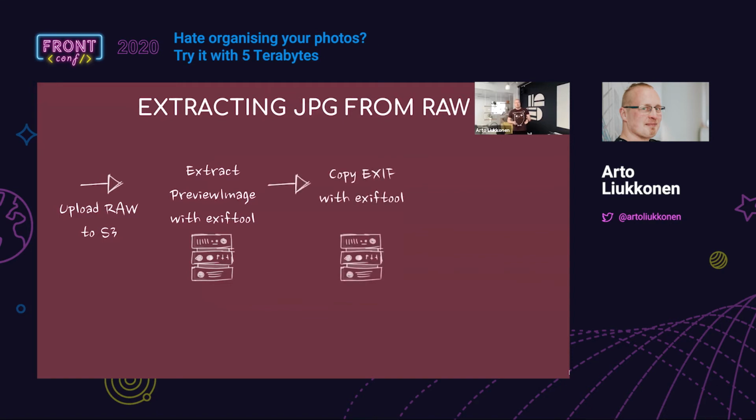Then it will copy the EXIF data, like the camera information, the shutter speed, and all that data from the raw image to the JPEG. And then we want to resize the output JPEG to around 2000 pixels. That is enough for a web view to be able to browse those.